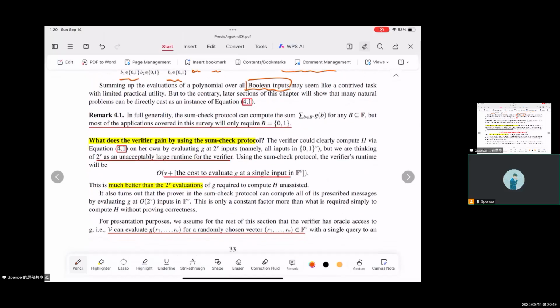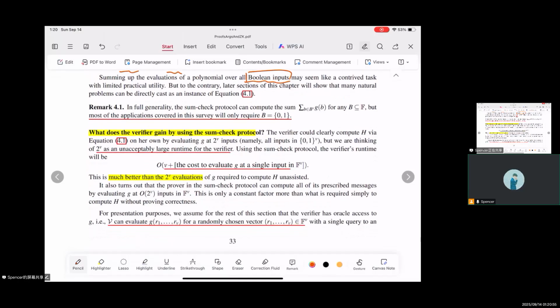Here let's look at this remark. In full generality, the sum check protocol can compute the sum over any subset of the field, but for most of the applications covered in this survey we only require inputs of 0 and 1, so here we only talk about that range.